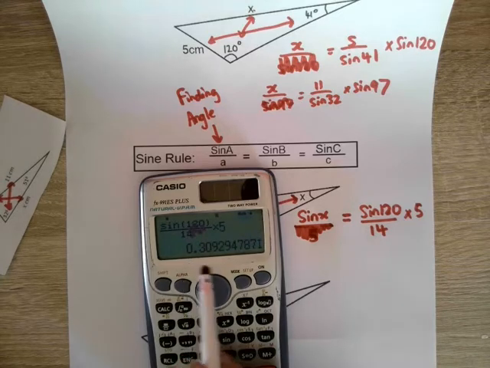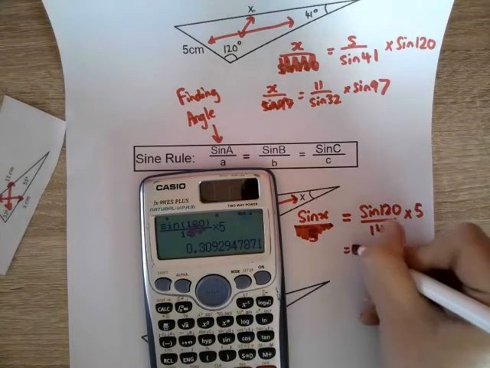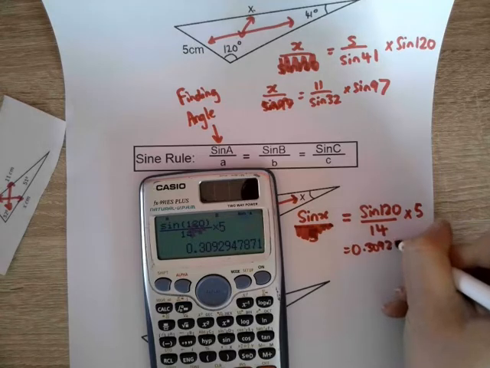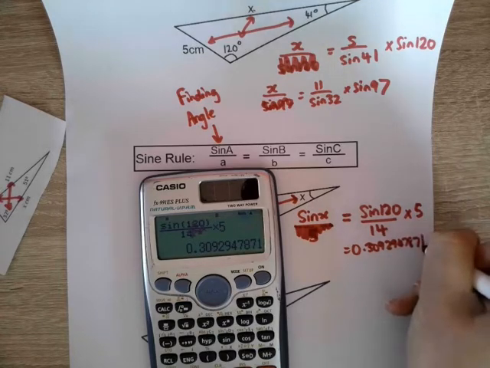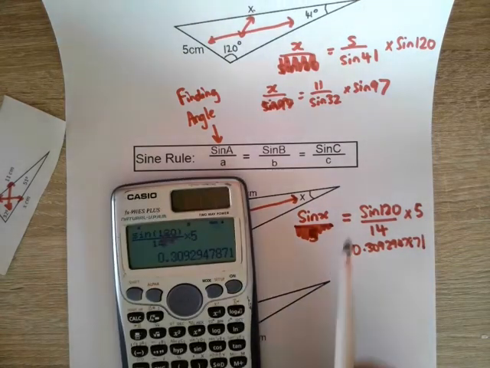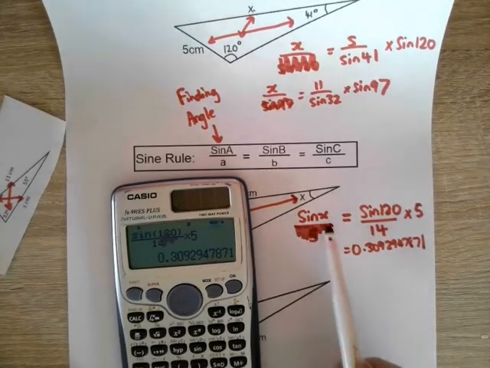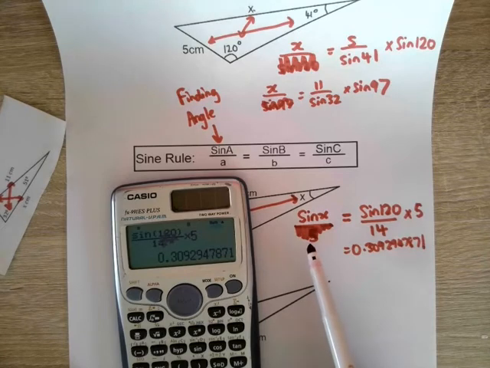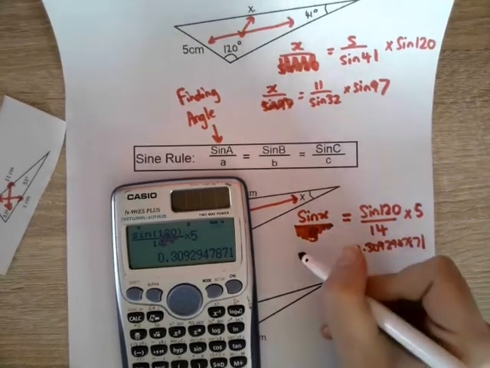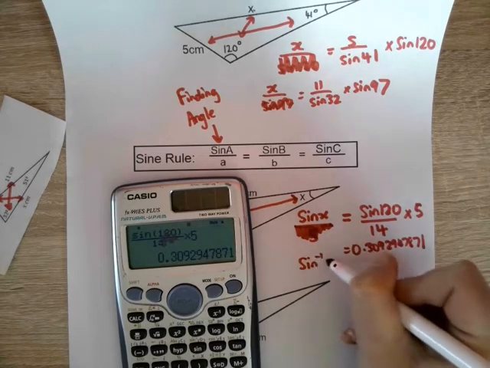And you can see the answer here is really small, isn't it? You get 0.3092947871. It's not going to be that the angle is that small. What you've actually found is the sine of the angle, but we don't want the sine of the angle, we just want the angle x. So to get rid of the sine part, we need to do sine to the minus 1.